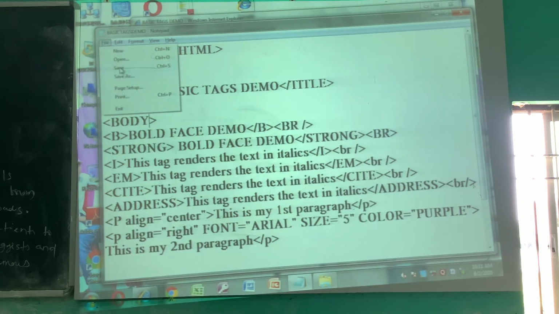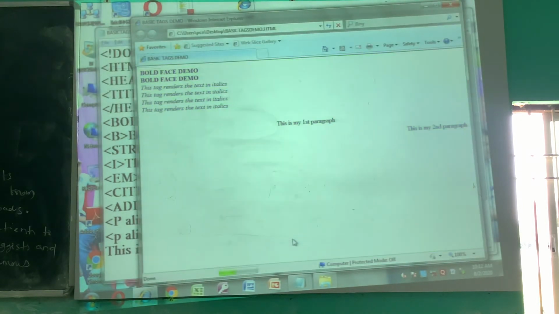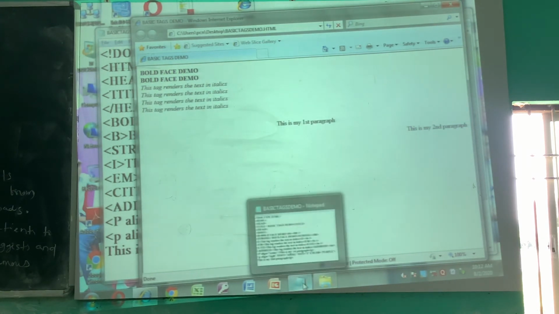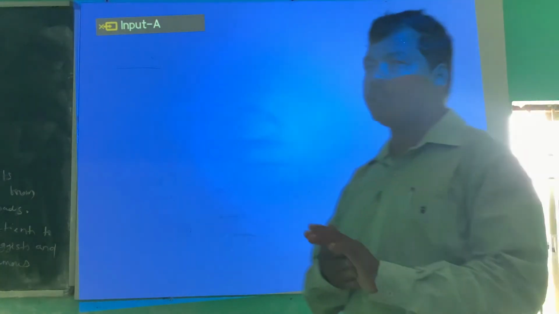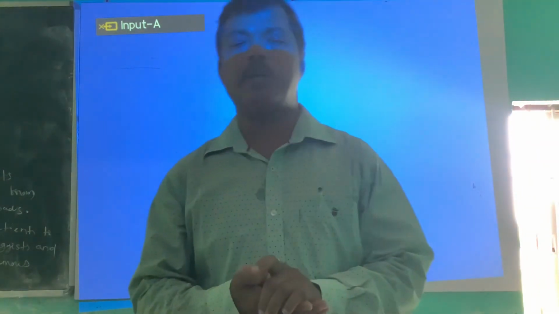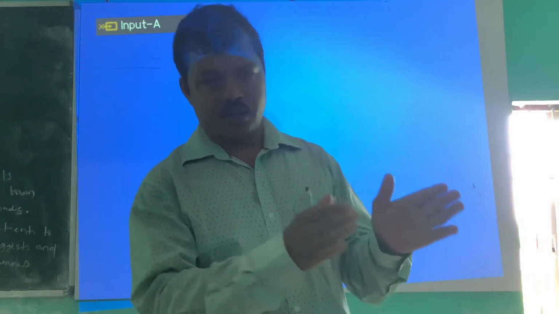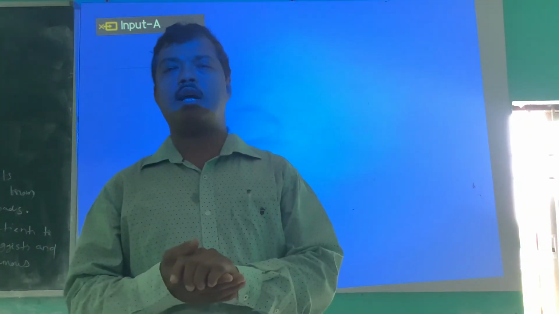I am just removing its background color. The font tag is not enclosed within the paragraph tag. The font tag we have to use separately and we have to close the tag.